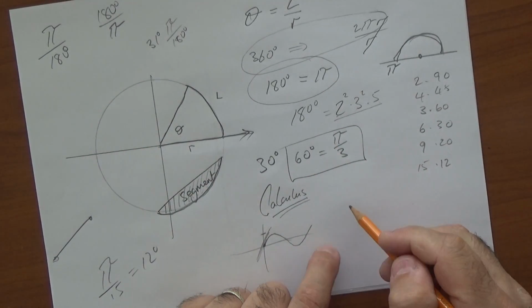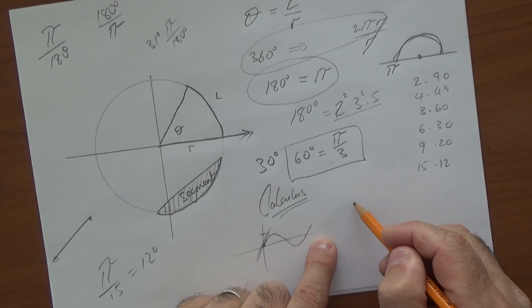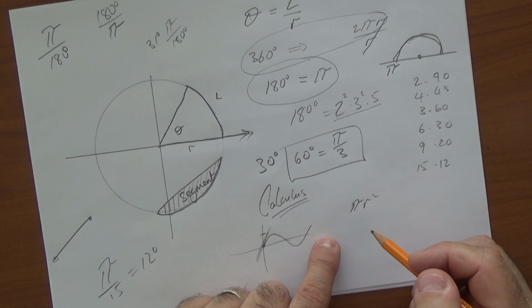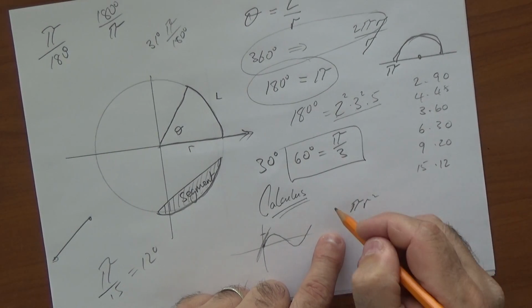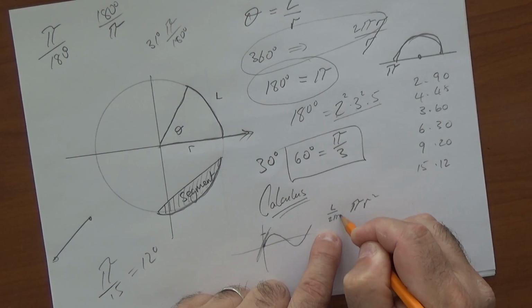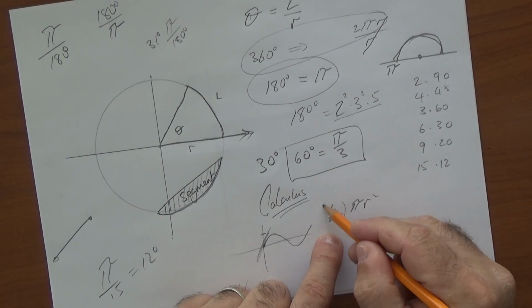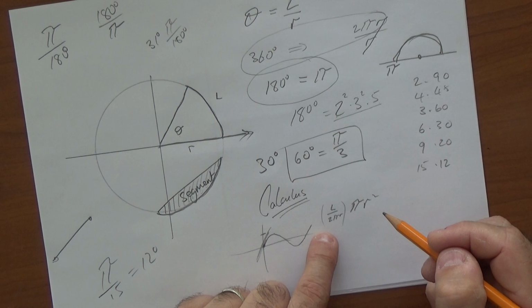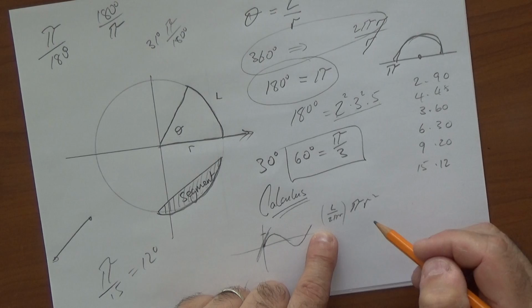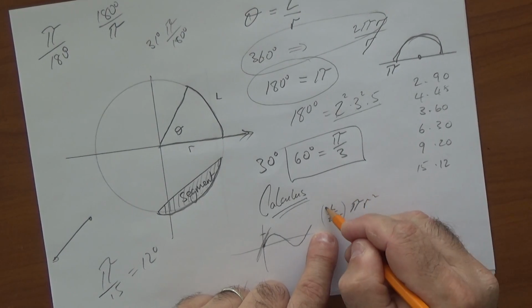Sorry, let me develop the segment. So the sector would be part of a circle, whose area is pi r squared. And you're asking, well, how much of that circle are we talking about? Well, it would be L over 2 pi r, if we're doing it in terms of radians. Okay. So L would be r theta.